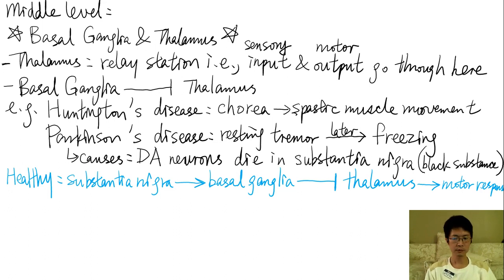So in other words, thalamus needs a normal amount of inhibition from basal ganglia in order to keep it functioning normally, in order to let go of the optimal level of motor output. Okay, it needs the basal ganglia to inhibit it at a certain level in order to give out a healthy amount of motor output, motor response.